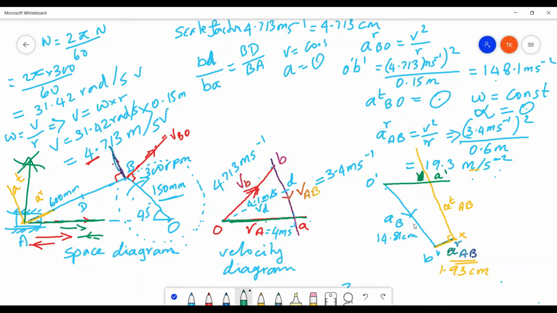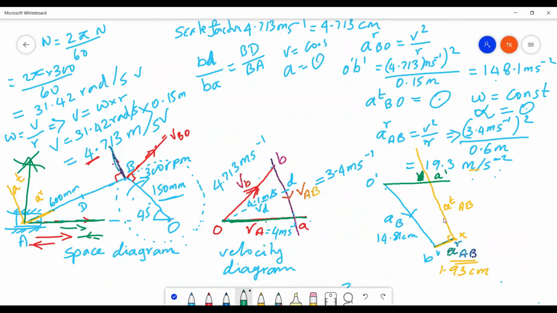For the crank I have only one component, that is blue, the radial component, which will not have any tangential component since it is rotating at a constant omega, right? For the connecting rod, I have two components, tangential and radial. And for the slider, I will have again only one component since it is moving only in this way. It does not have any velocity in this side, right? So there also I am going to have only one component.